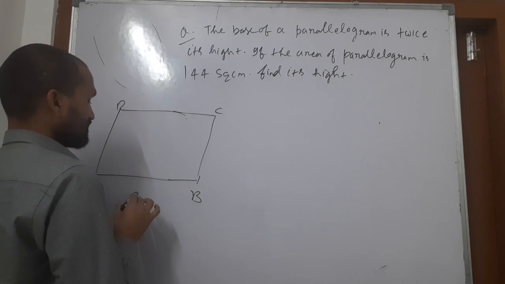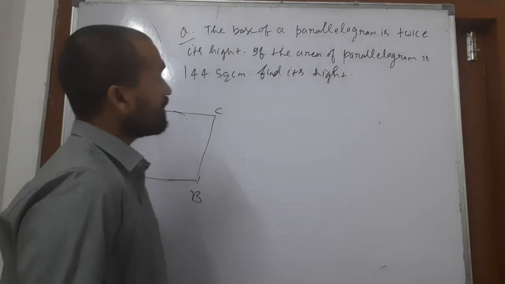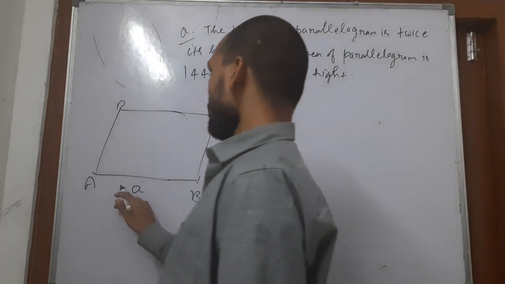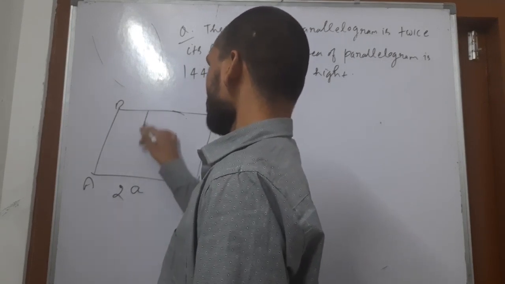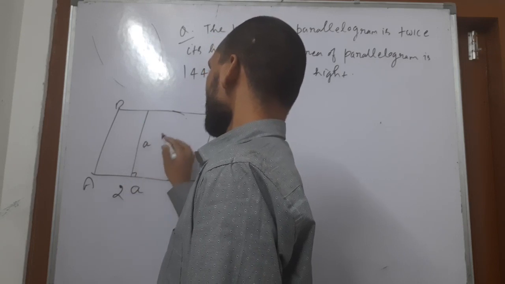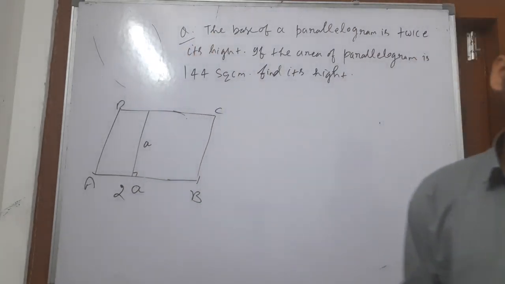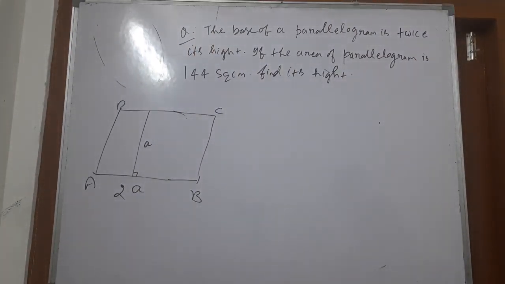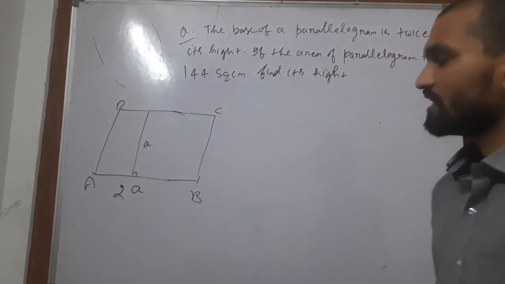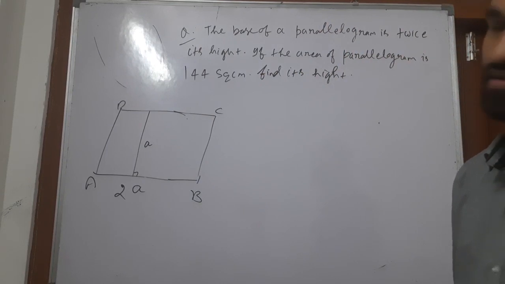According to the given conditions, let the height be a, and the base of the parallelogram is twice its height. Let the base be 2a, then what will be the height? Height will be a, because the base is twice the height.